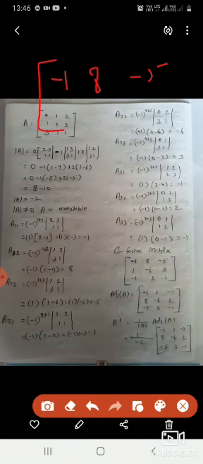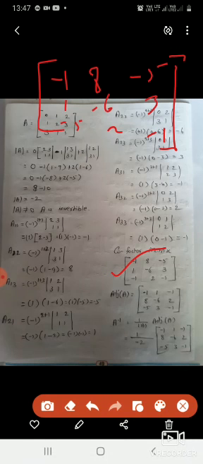A21 is 1, A22 is minus 6, A23 is 3, A31 is minus 5, A32 is 2, and A33 is equal to minus 1. These values we are writing are called the cofactor matrix.